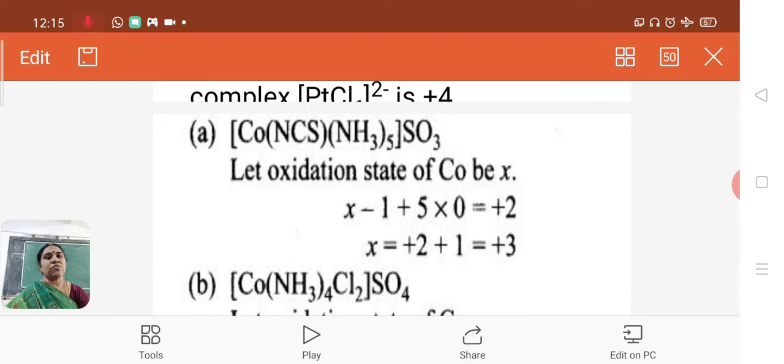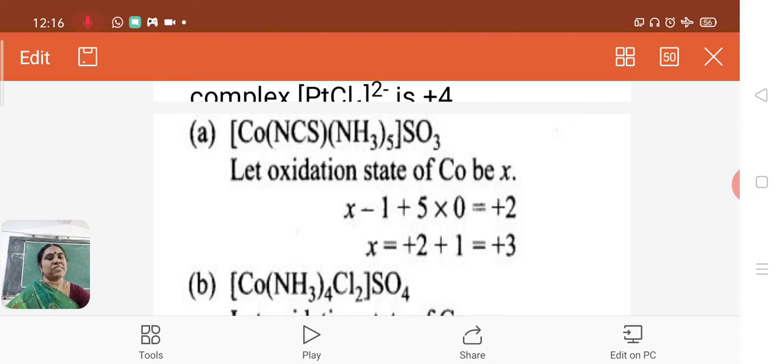Let the oxidation state of cobalt be X, then X plus one isothiocyanate ion multiplied by its charge -1, plus 5 ammonia molecules each possessing a charge of 0, plus 1 sulfite ion with a charge of -2.